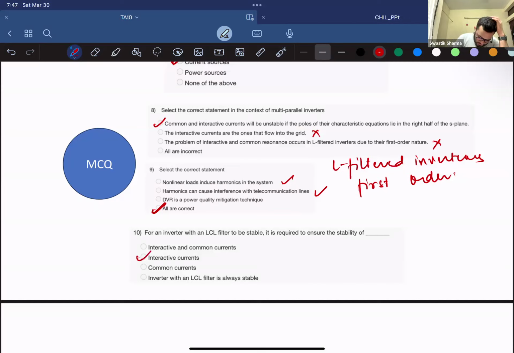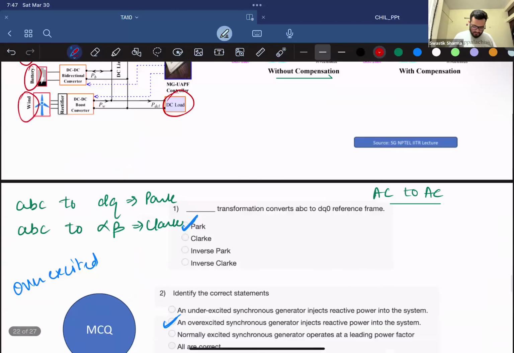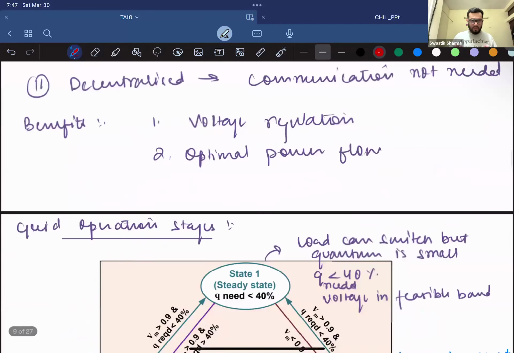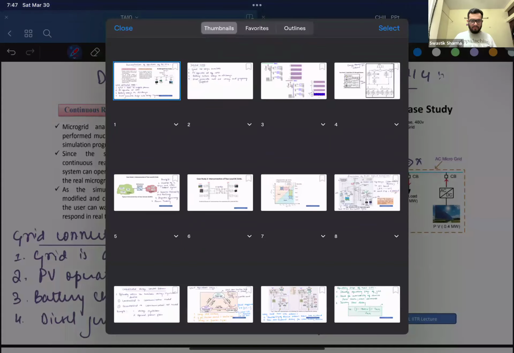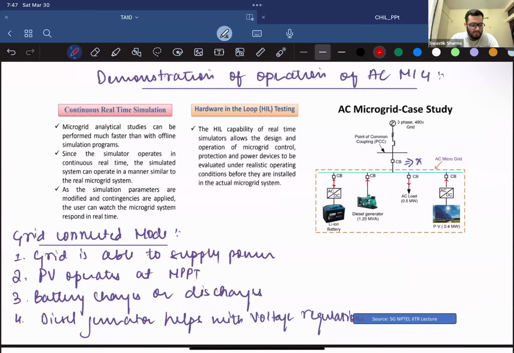Correct. So you just need to check if your interactive current's poles lie in the left half plane or not. That is it. So I've discussed all of the questions I wanted to discuss today. If you have doubts, I can take doubts. I know just as much, but still you can ask doubts if you have.